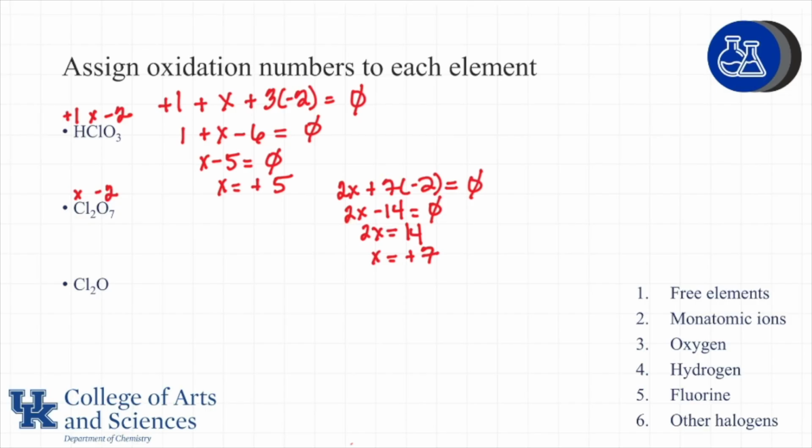So the oxidation number of chlorine is +7, and oxygen is -2. Cl2O, again, chlorine is labeled as X. Oxygen is -2. We have 2x minus 2 equals 0. 2x equals 2, and x equals +1. We have 3 examples here, all including chlorine. All see a different oxidation number for chlorine in that compound.